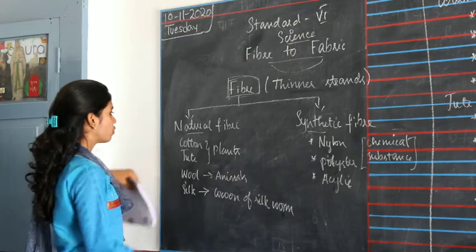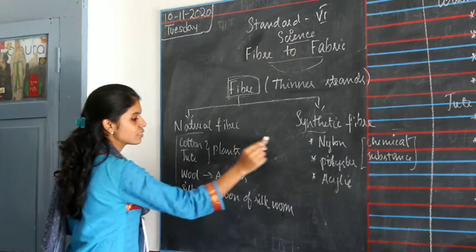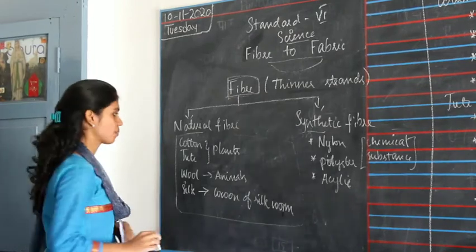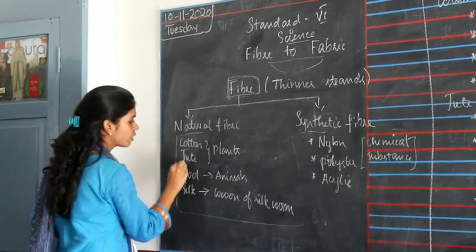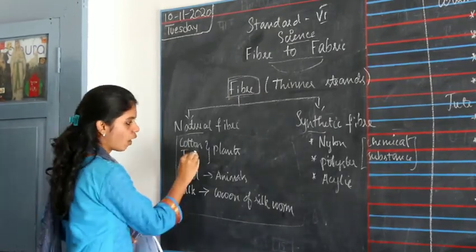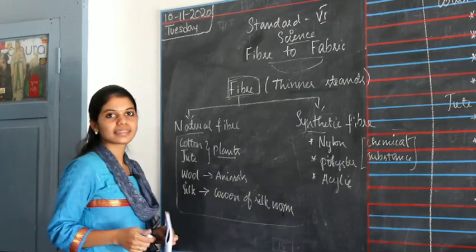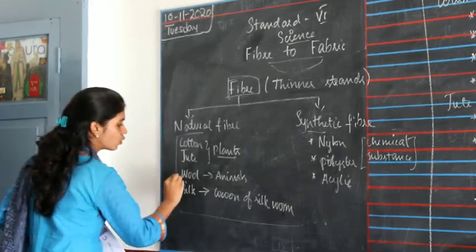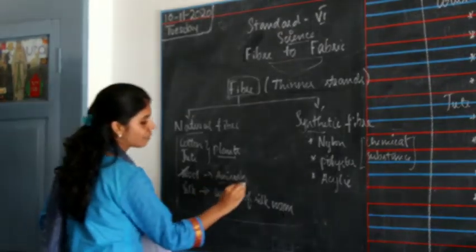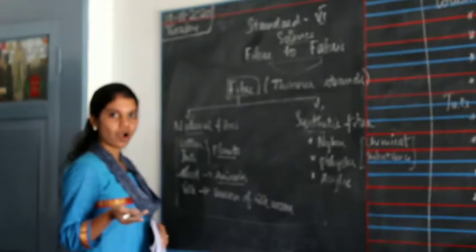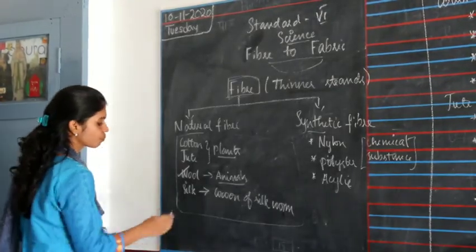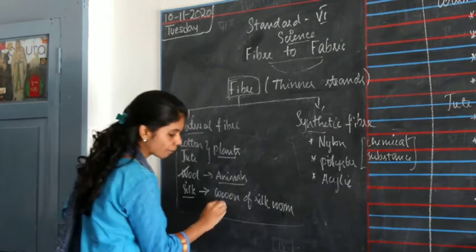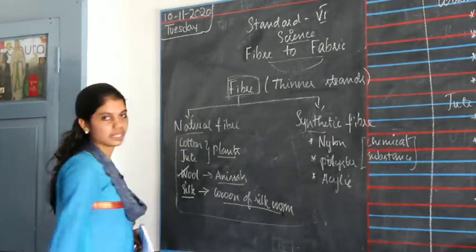When you look at natural materials, these are the sources of natural fibers. First, cotton and jute. Cotton and jute are obtained from plants. They are grown from a plant. Next, wool is obtained from animals like goat, yak, and camels too. Silk is really costly and is obtained from cocoons of silkworms.